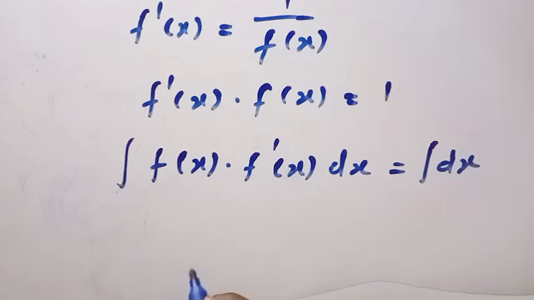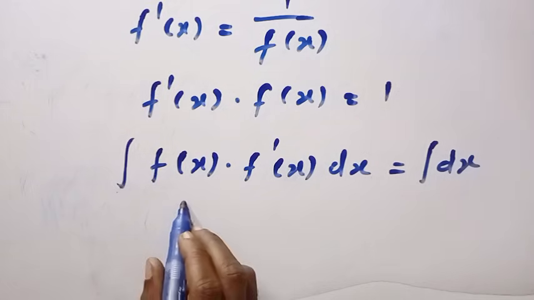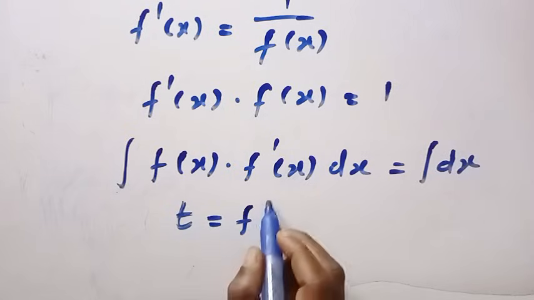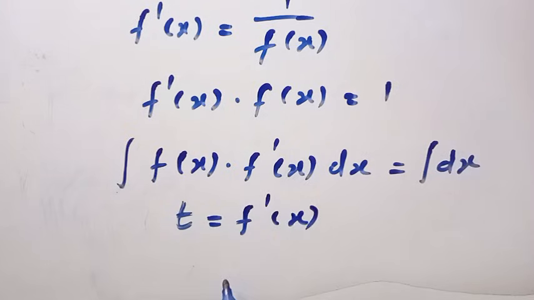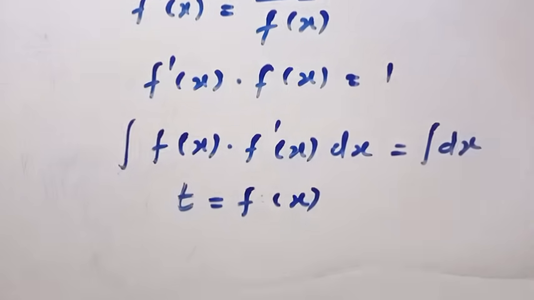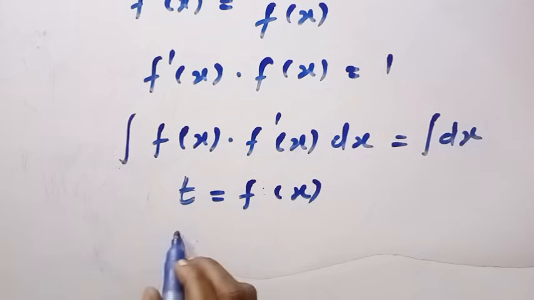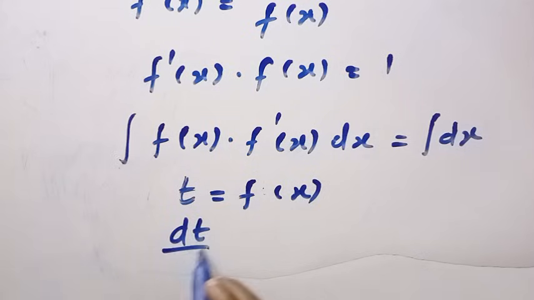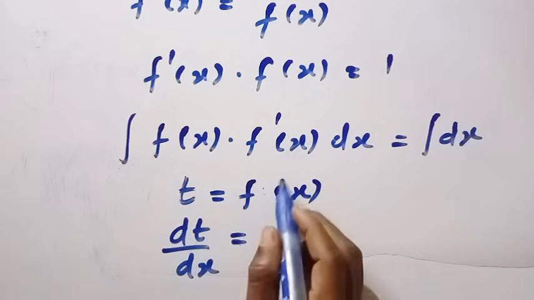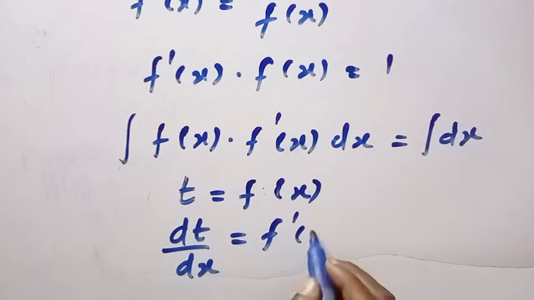It's very simple. Let t equal f of x, then we are going to find the derivative of this, showing that we are going to find dt divided by dx. So differentiating f of x, we have f prime of x.